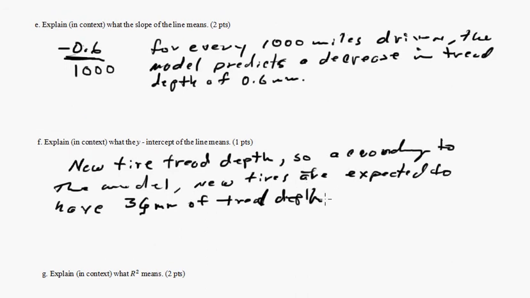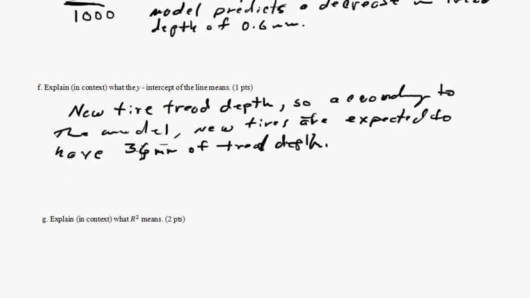Sorry about that. This pen is acting out on me. So some people said when the cab is new, when there's a new cab. So be careful there. They got a little mixed up. It's really just about the tire.